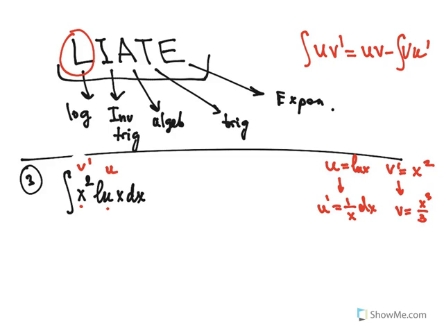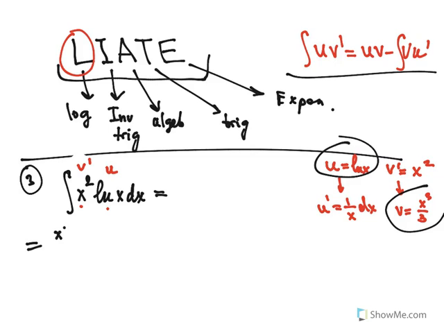Now we're going to put this together. So then, based on this formula, it's u times v, so it's this times this, minus integral, and now it's v u prime. So v and u prime. And that's it.